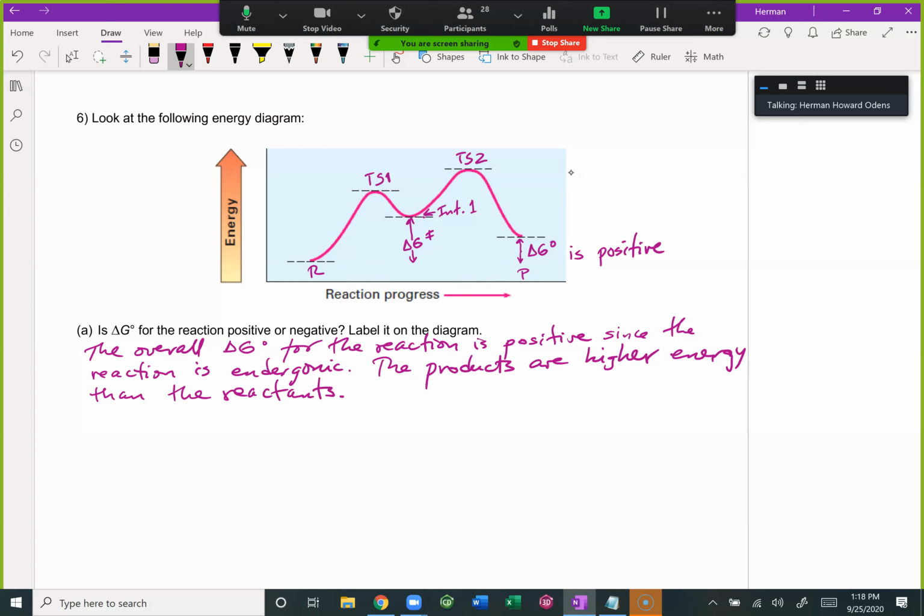And the reaction will not be, therefore, spontaneous. Let's explain that.